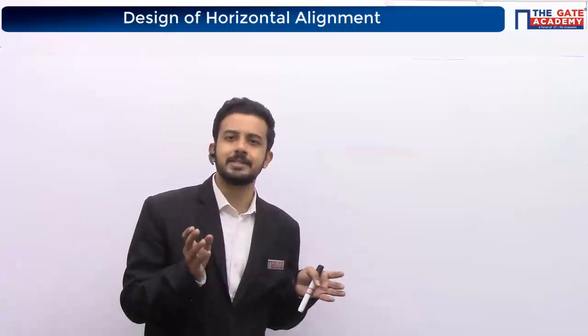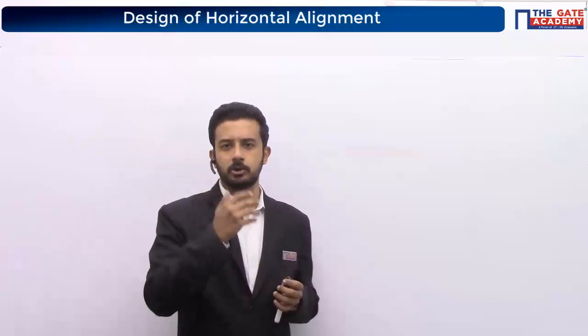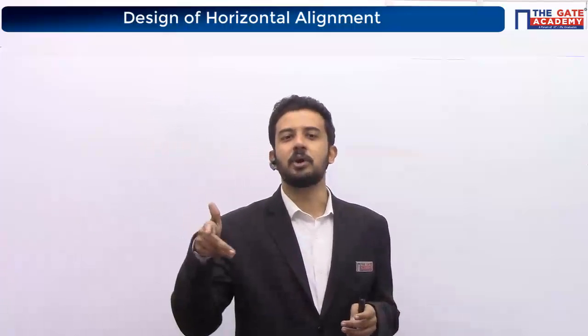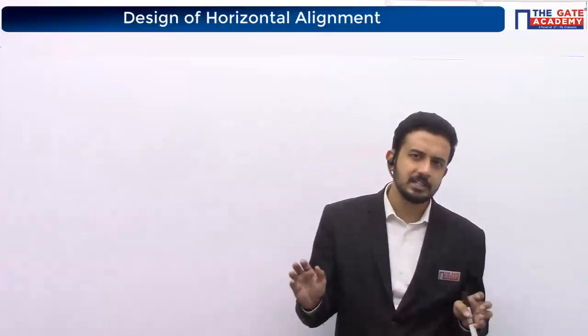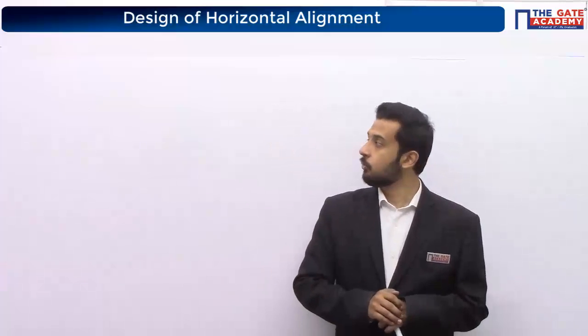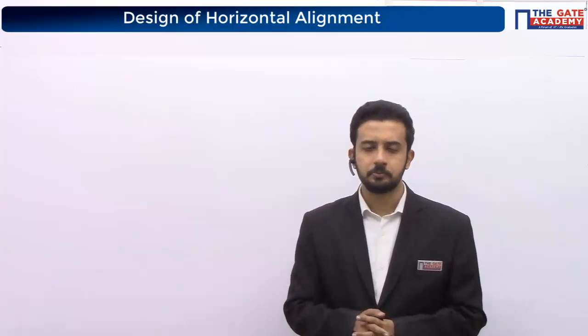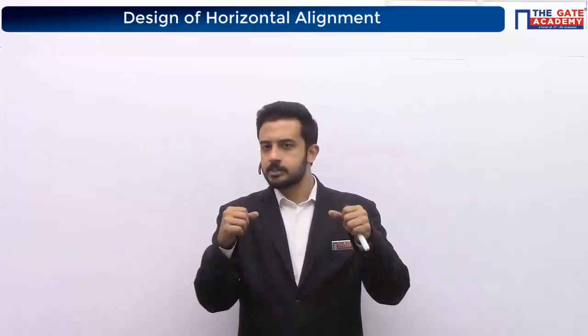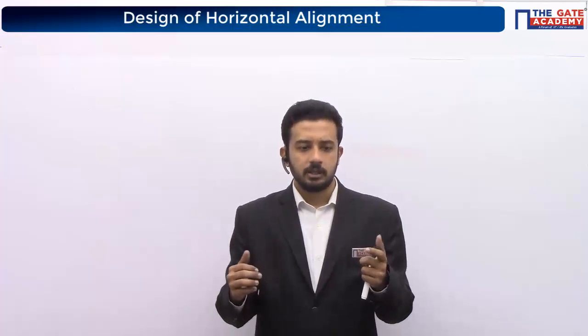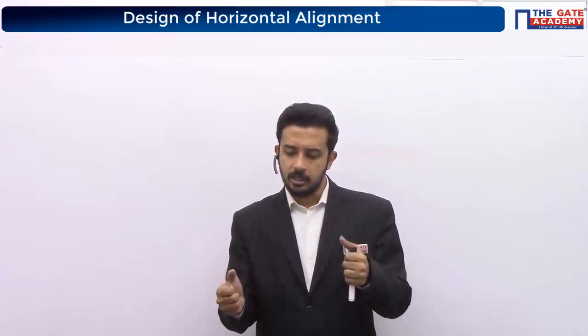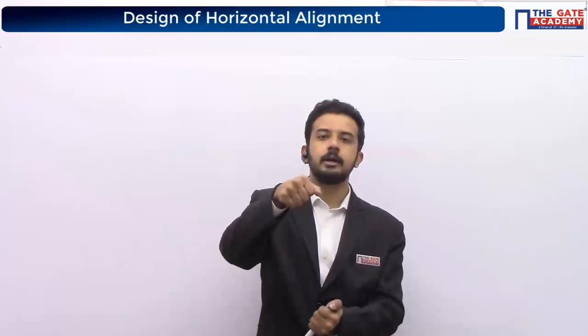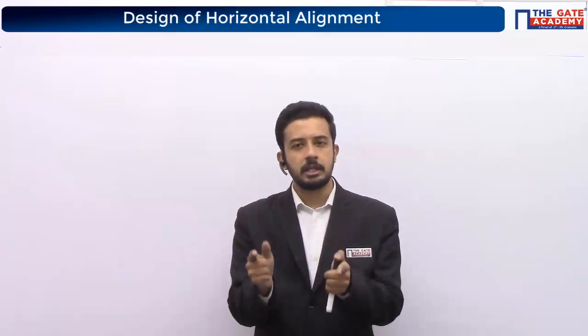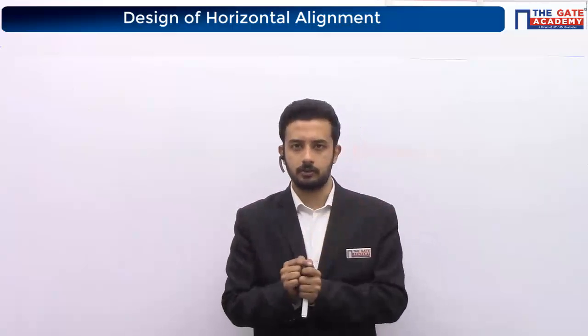Whenever I am telling horizontal curve, there should be one more curve. What is that? Vertical curve. So what is the fundamental difference between a vertical curve and a horizontal curve? In simple sense, you are taking your steering and there is a turning coming. If you have to turn your steering, then it will be your horizontal curve.